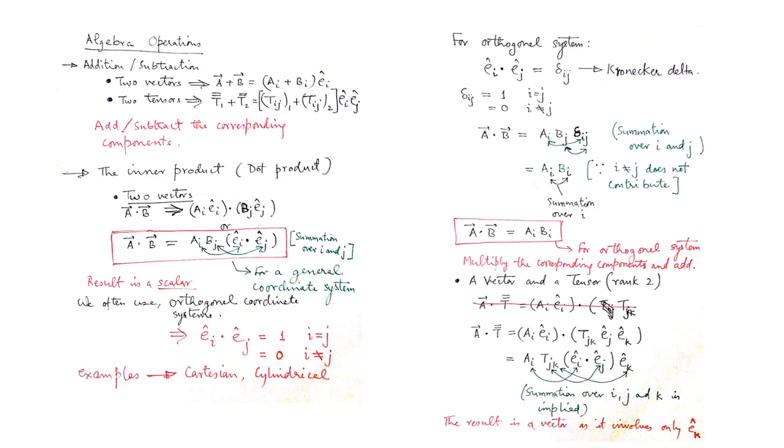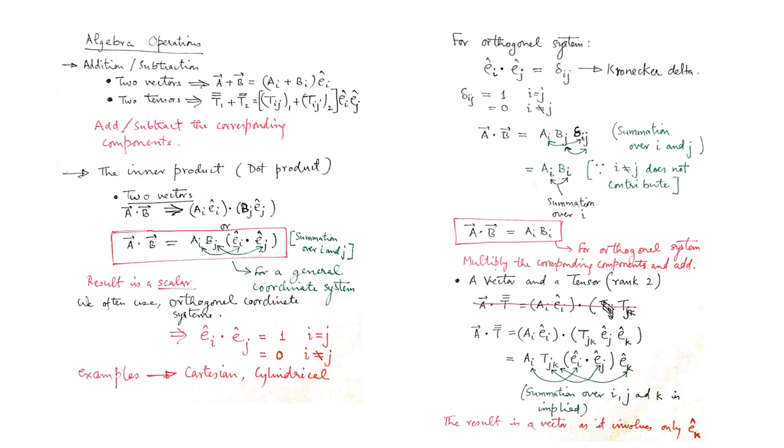So A dot B for orthogonal coordinate systems simply comes out as a_i b_i, and again i is a repeating index. Notice the very profound use of the fact that you have to be careful in monitoring the repeating indices, otherwise the whole indicial notation breaks down. So A dot B is equal to a_i b_i, and i being a repeating index, you have summation over i.